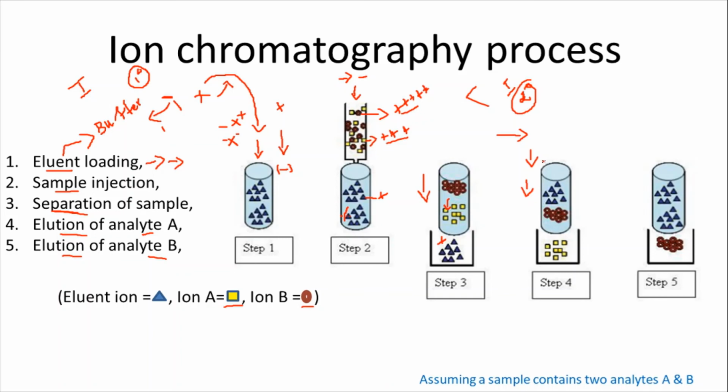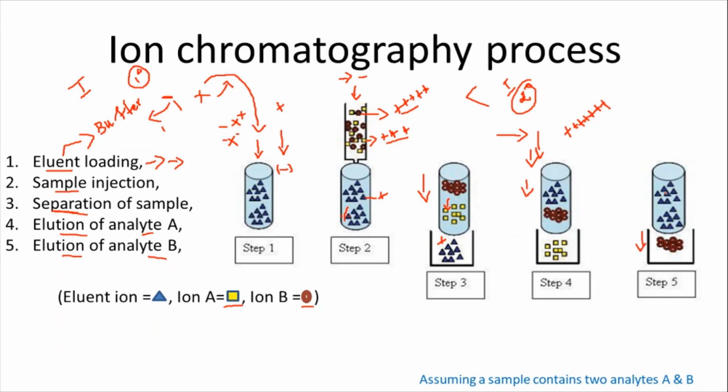Once it is applied, the high positive charge ionic strength of the buffer replaces sample B. Similarly, this eluent ion disturbs the ionic bond between the stationary phase and sample B. Finally, sample B gets eluted.